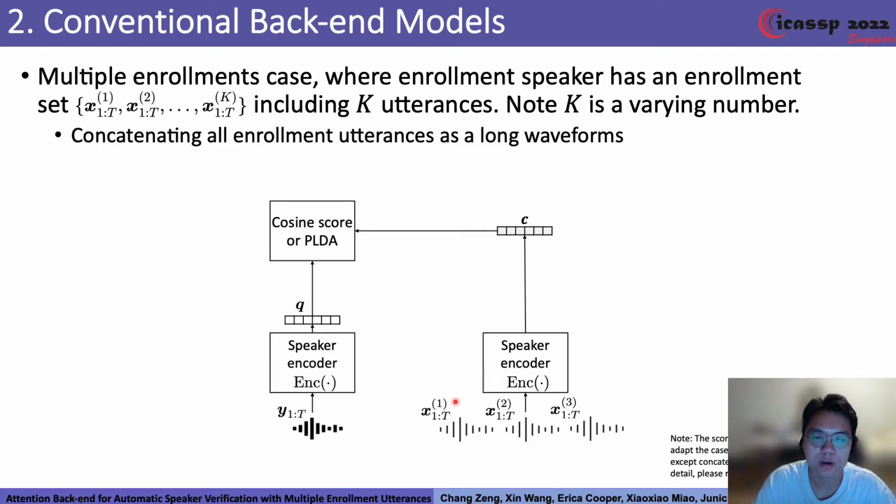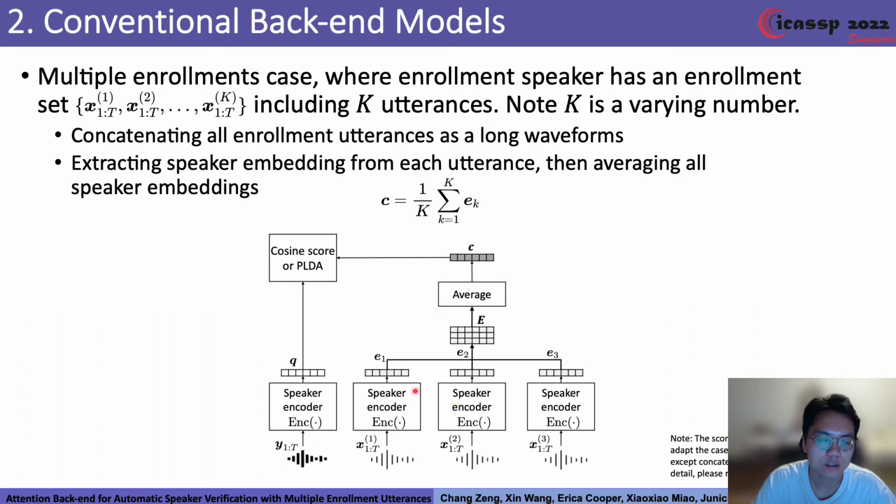Alternatively, we can also extract the speaker embedding for each utterance. Then average these speaker embeddings to get a center vector to represent this enrolled speaker. In this way, the following process is the same as the single enrollment case.